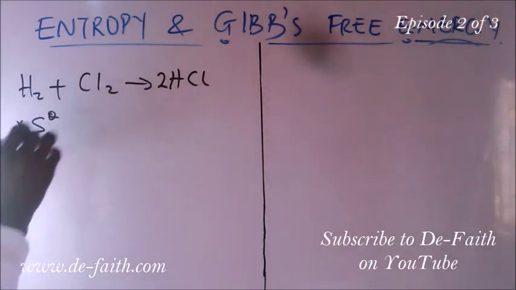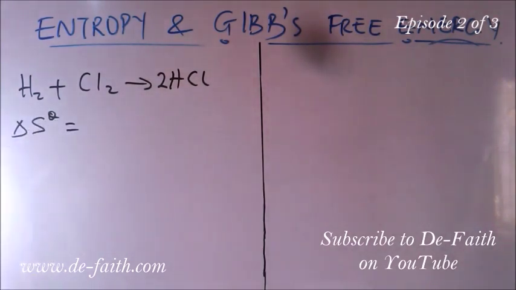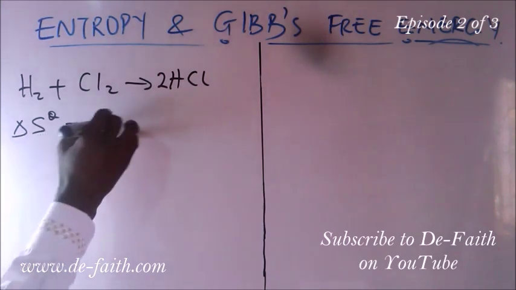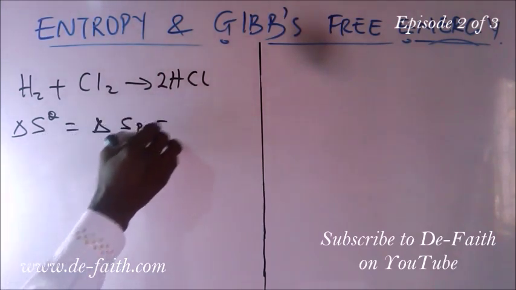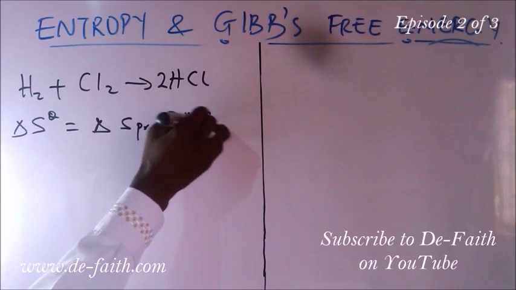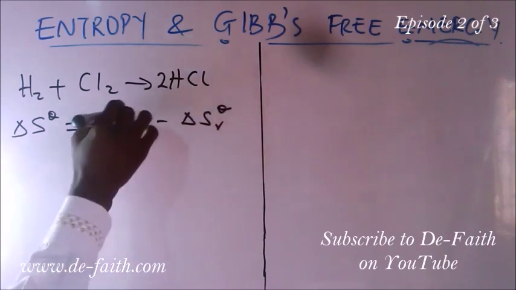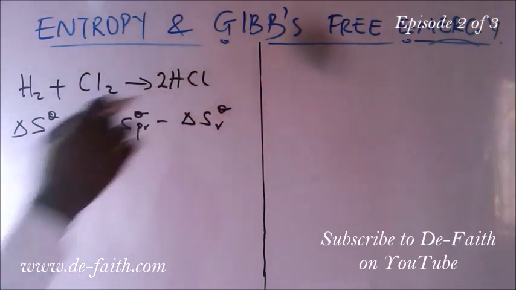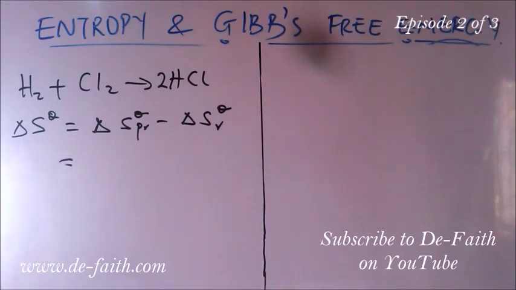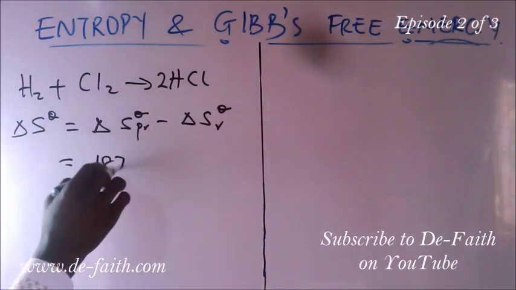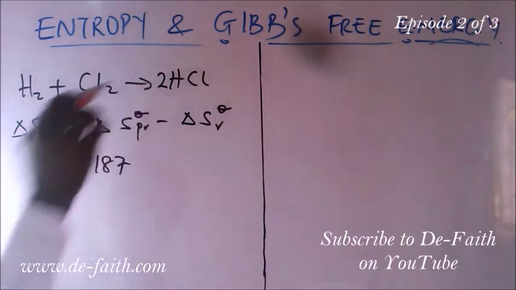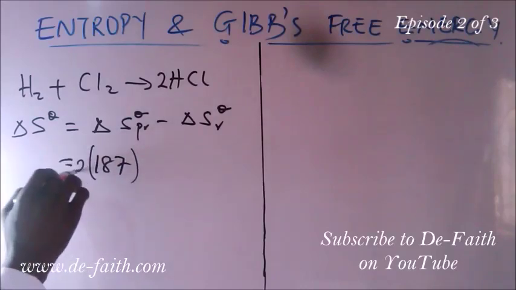Now we have that the standard entropy of the reaction is equal to the standard entropy of the product minus the standard entropy of the reactant. For the product, which is hydrochloric acid, we're given 187 per mole. But here we have 2 moles, so we multiply by 2.